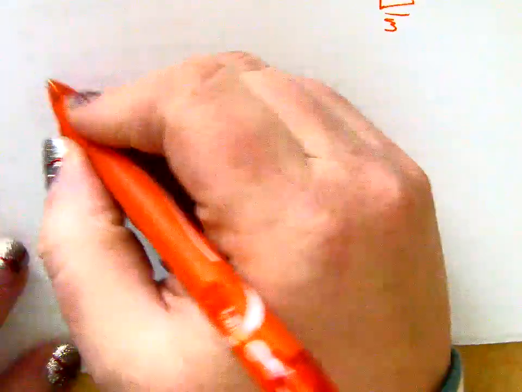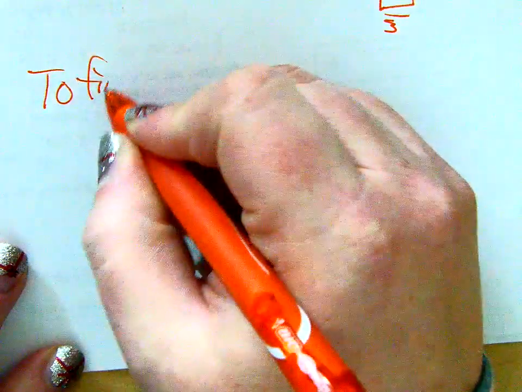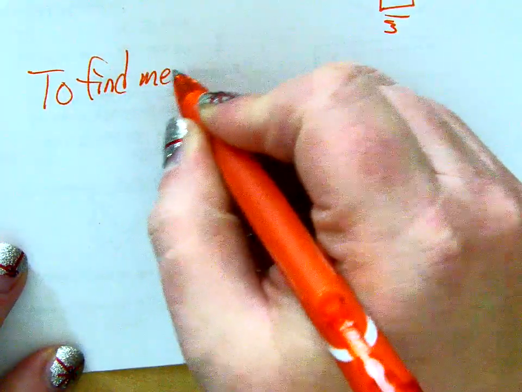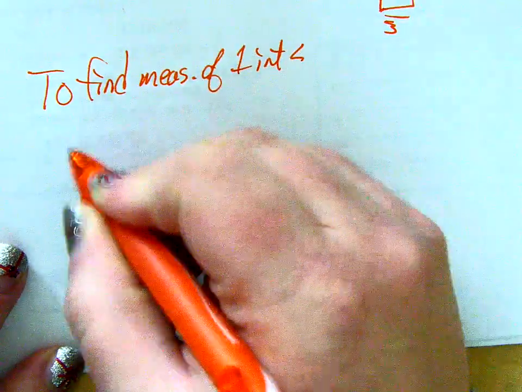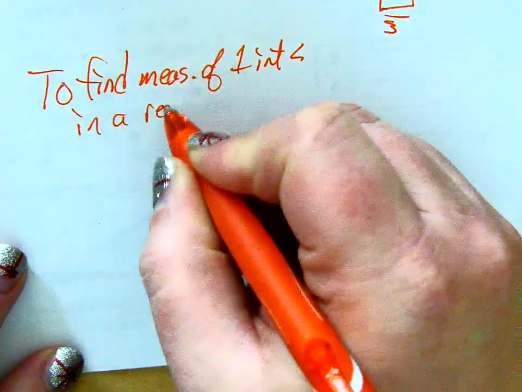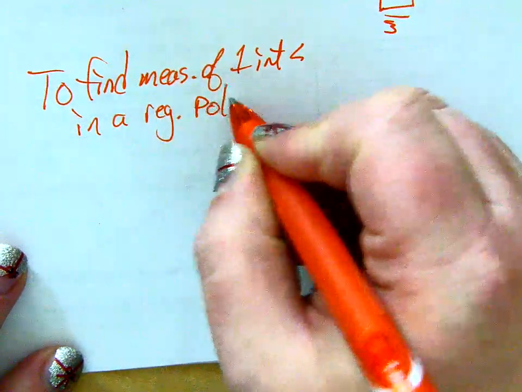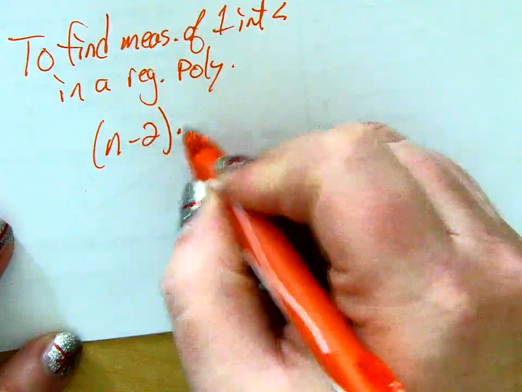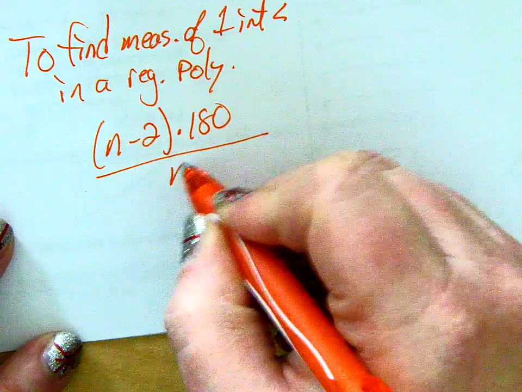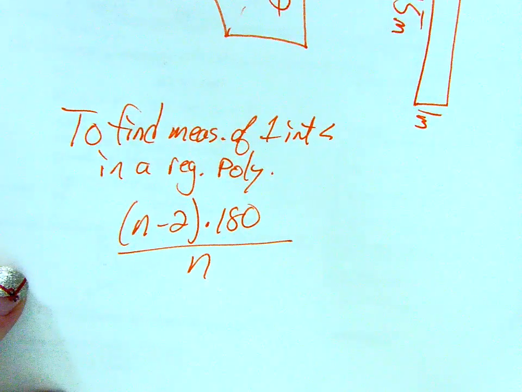Let's write it out again to refresh our memory. To find the measure of one interior angle in a regular polygon, because you will need to do this a whole bunch, you do n minus 2 times 180, and then you divide it by whatever n is.